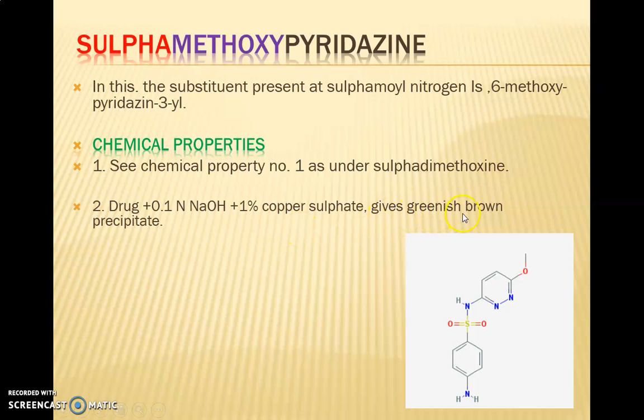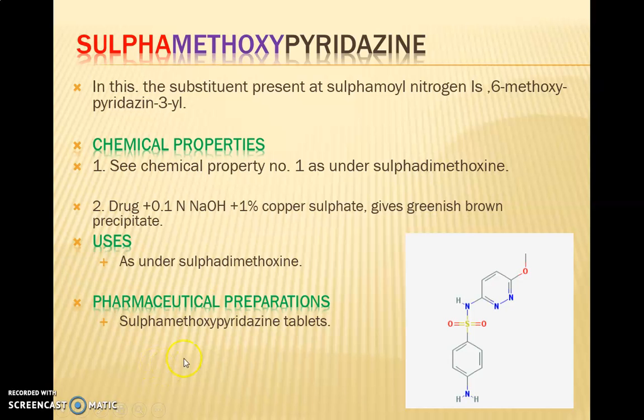In this case, it will give a greenish brown precipitate, which will indicate the presence of sulphamethoxypyridazine. Uses are the same as under sulphadimethoxine. It is used in the treatment of UTI. Next, formulation such as tablet, and the brand names include Diresal and Confine.